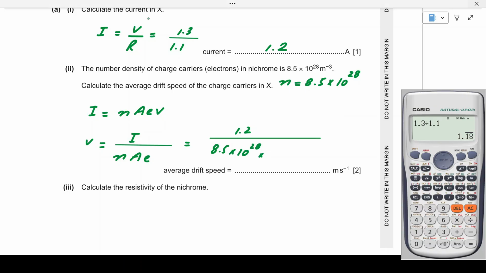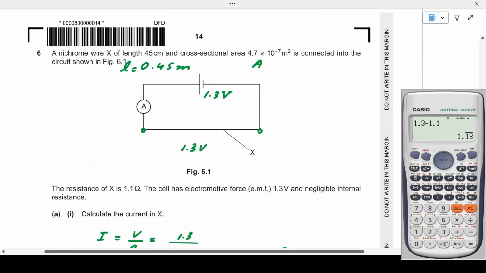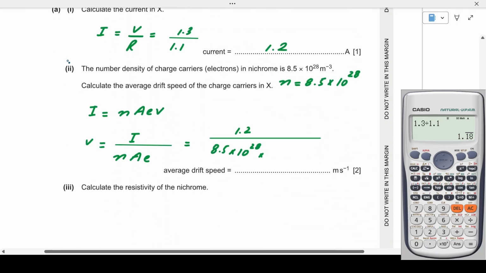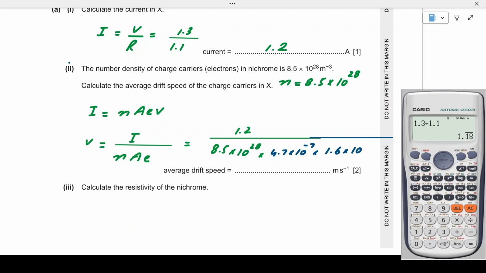What is the cross section area of the nichrome wire? 4.7 into 10 raised power minus 7. E, also given on the data sheet, 1.6 into 10 raised power minus 19.